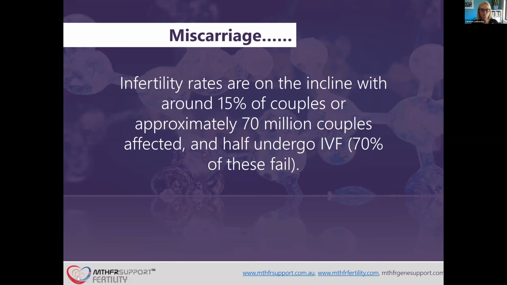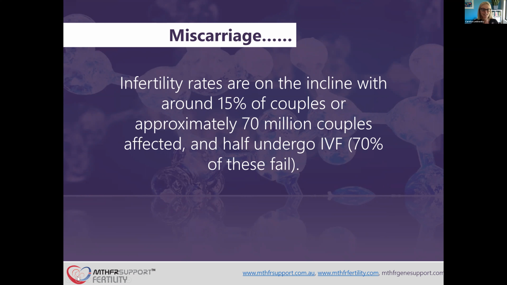The problem is half of people, 70 million, so that's 35 million couples, will go into IVF and 70% will fail. Because if you've got low folate, it doesn't matter. If you've got the wrong form of folate, it doesn't matter. And what the research is telling us is that when you go into IVF, the petri dish where you are joining that egg and sperm does not have the methyl donors that you need.